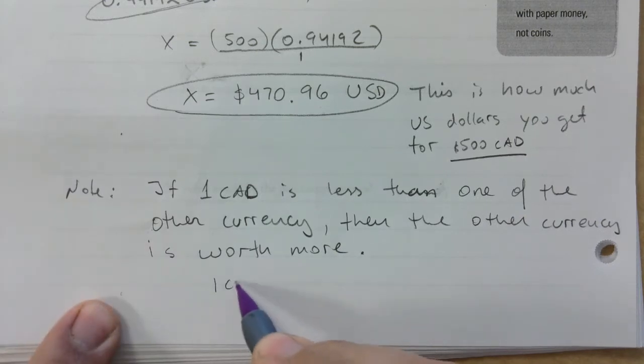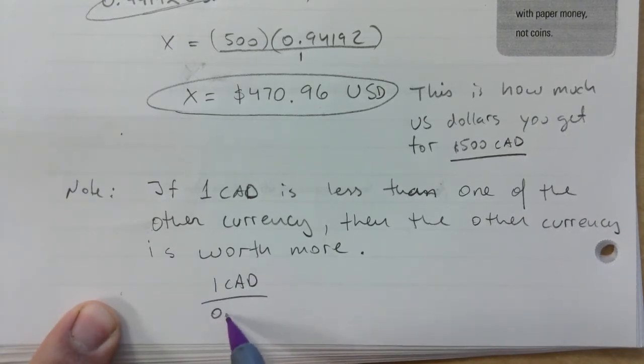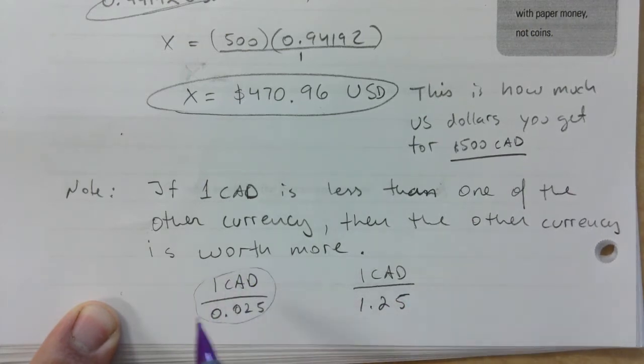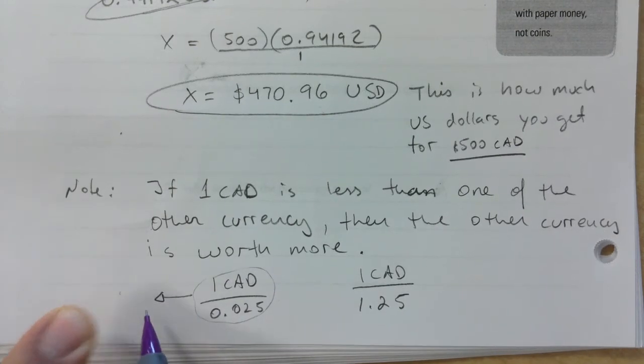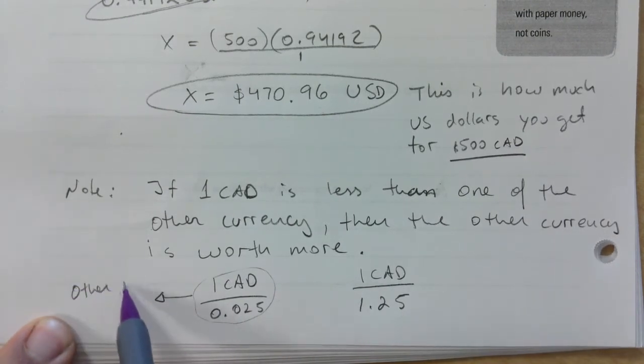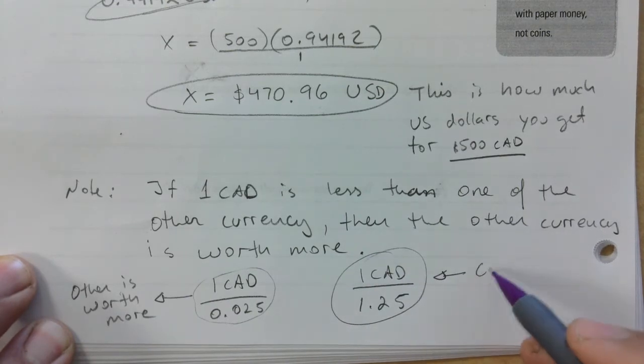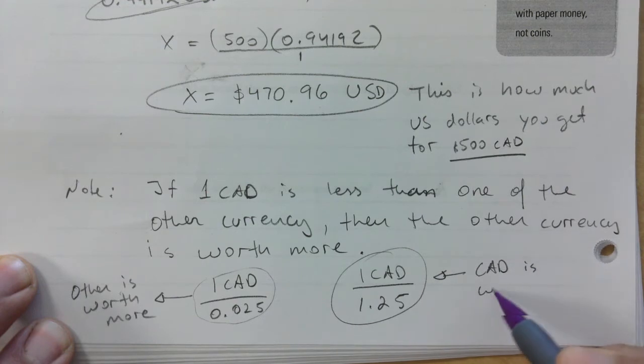So if you have one Canadian and you have 0.025, or you have one Canadian and 1.25, in this case the other is worth more, and in this case Canadian is worth more.